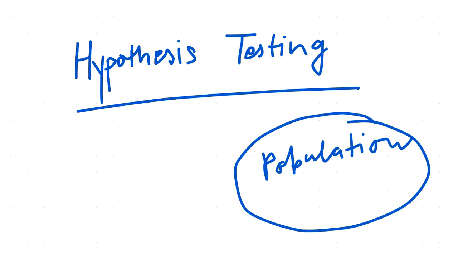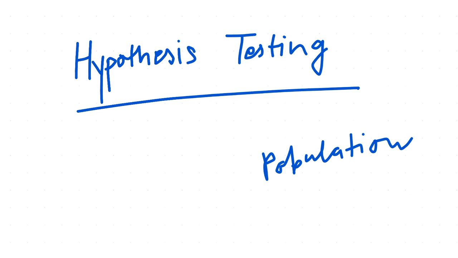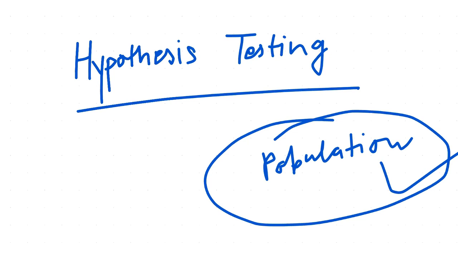So hypothesis testing means we test the properties. Like if the mean of this entire population is mu, then we will test the mean of these samples, or we can compare with one sample or with more.